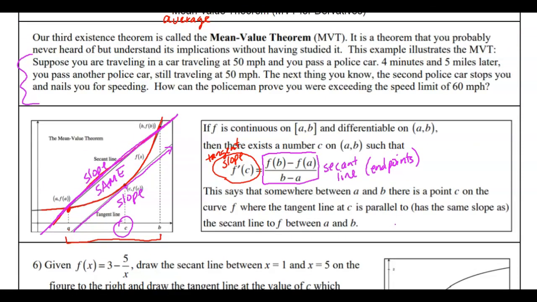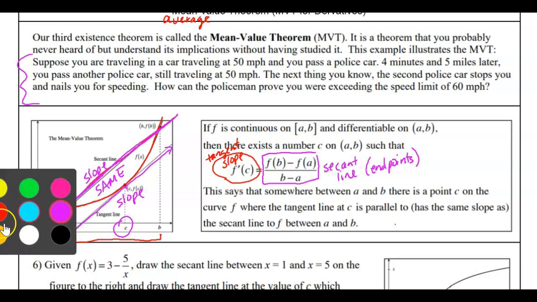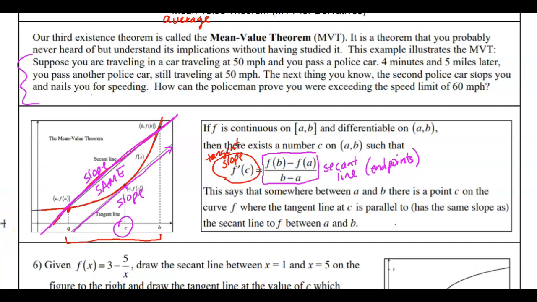For the mean value theorem, sorry, before I start, you do need to show certain conditions exist, just like we did on Rolle's. So same idea. You have to show that the original function is continuous on the closed interval, and you have to show that it's differentiable.